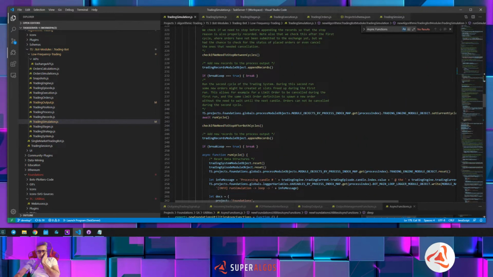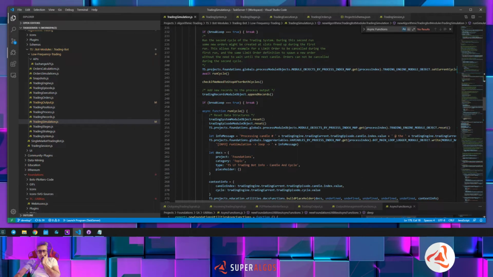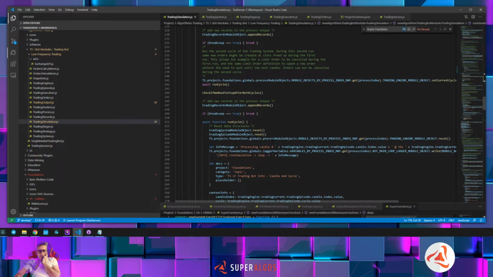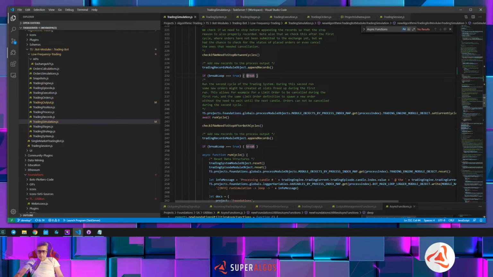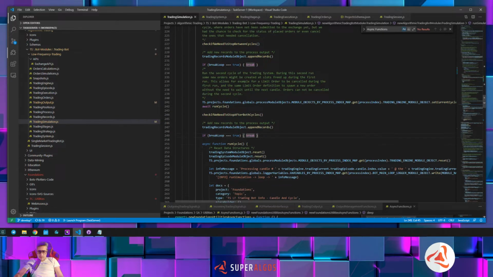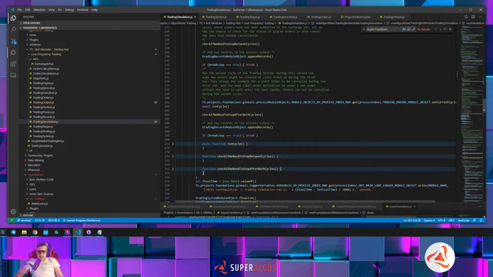Run cycle. Hmm. Okay, here I can break the loop, and here I can break the loop. But if I don't break the loop, here the loop ends. So there's nothing else.